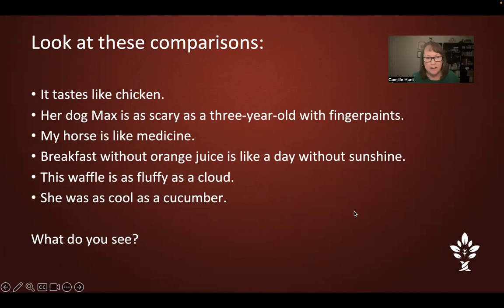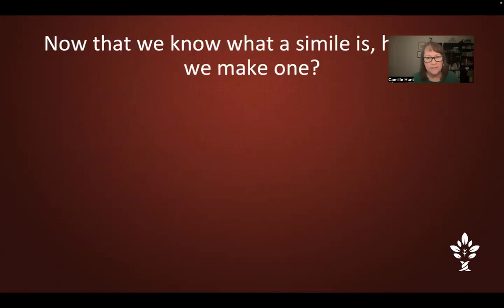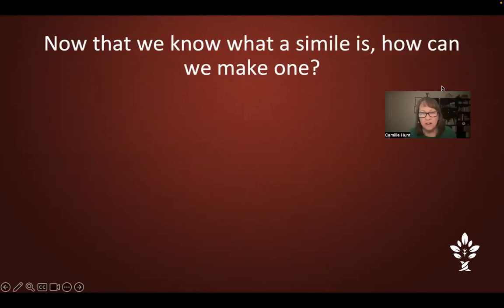So we see some similarities in the traits that we're talking about, and then we see some differences in the things that we are comparing. They're different. We're comparing always two different kinds of things. And those sentences are called similes. And so that's what they are. They're two different kinds of things that are being compared.